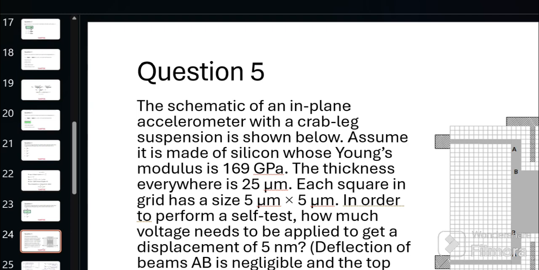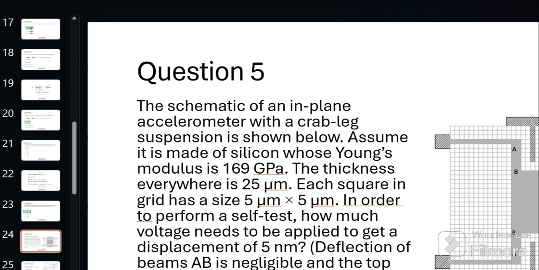There will be deflection depending on the direction in which the car, or any object in which the accelerometer is being used, is moving. You can see C1 and C2 are the fixed ones, and the other setup is the moving one.